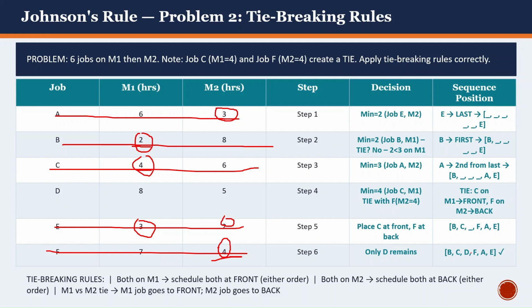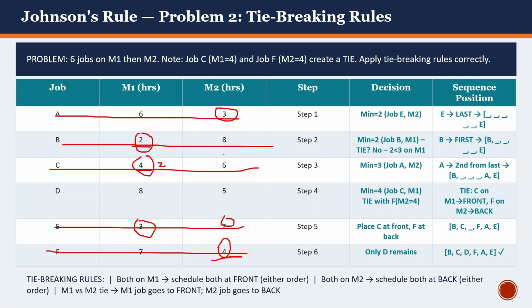So for the tie cases we can apply these kinds of rules and then find the solution. In the tie cases, if you observe both machines, let us say I get 2 here as well, so if B and C tie on both, then we have to find out on machine 2 which has the minimum tie.